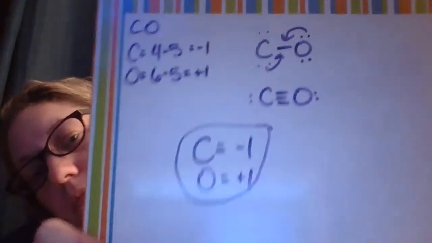So 4 minus 5 for carbon gives me a -1 formal charge. 6 minus 5 on oxygen makes it a +1 formal charge. So carbon has a -1, oxygen has a +1, and that is my formal charge for that atom.